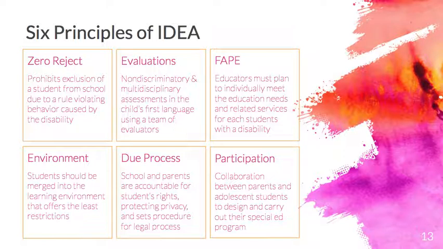The fourth principle of IDEA is the environment. And we want children to be placed in what's called the least restrictive environment. This is the environment that allows a child to learn in its most natural setting. Long ago, historically, special education students were removed from the classroom and put in their own schools or their own classrooms where they did not interact with regular education students at all over the course of the day. And we found that this is not the best learning environment.